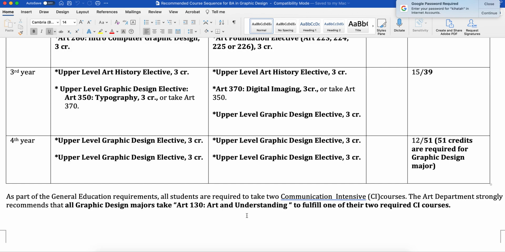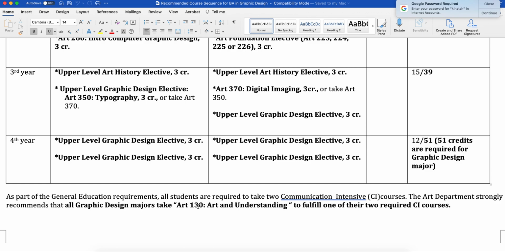We're recommending you take Art 130 so that you can count that not only as category 2 but as a communication intensive. But if you feel, no, I want to take communication intensive from another area, okay, then you know how to do that.